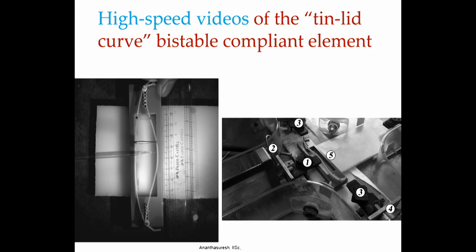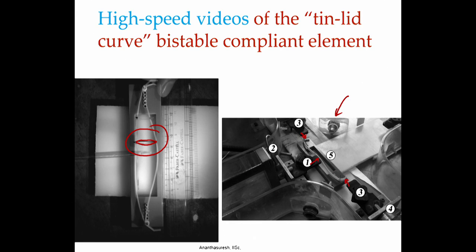We did high speed video of these things which I demonstrated. If you notice here, it takes one path and then takes another path to go back, and that is the bimodal feature of this one. We used a biaxial system so that we can hold it, we can apply force this way on the arch as well as this way on the flaps.